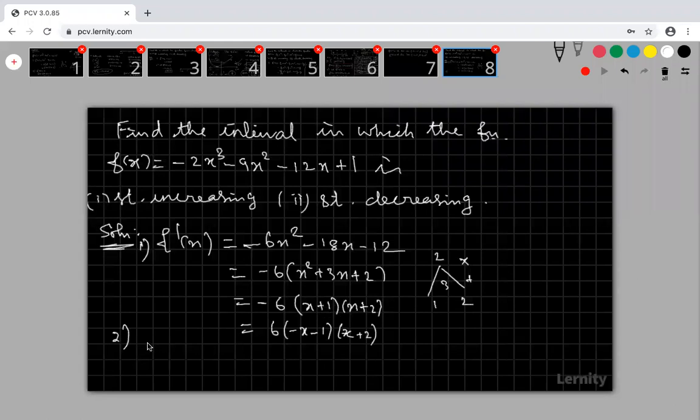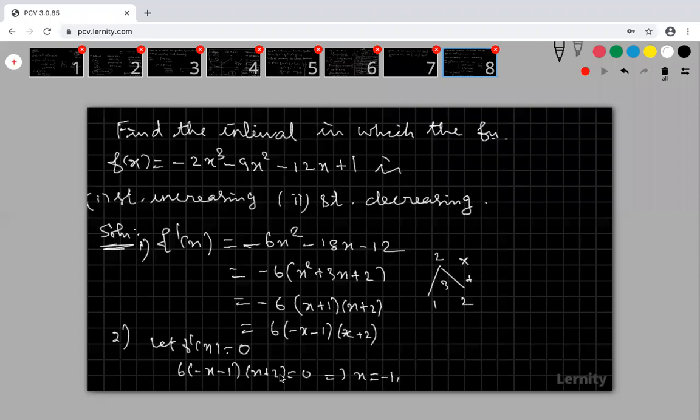Now if my f dash of x is equal to 0, minus x minus 1 into x plus 2 equal to 0, which implies minus x minus 1 is equal to 0, minus x is equal to plus 1, so x is equal to minus 1.